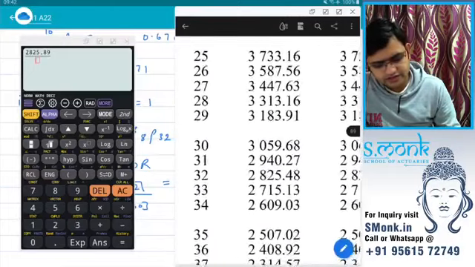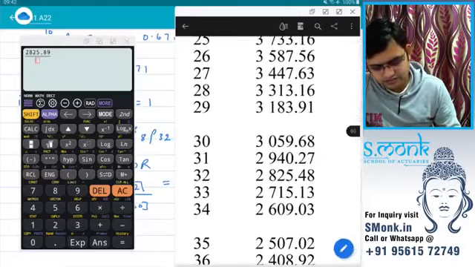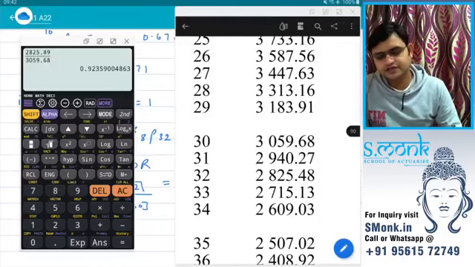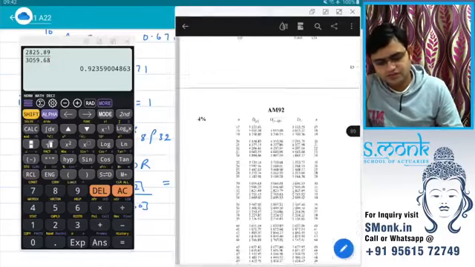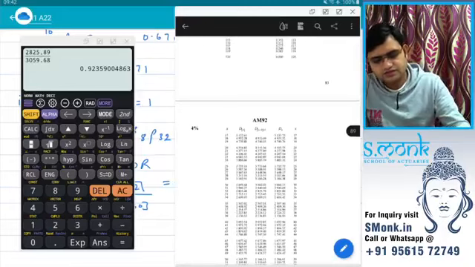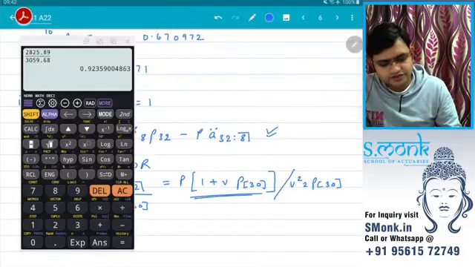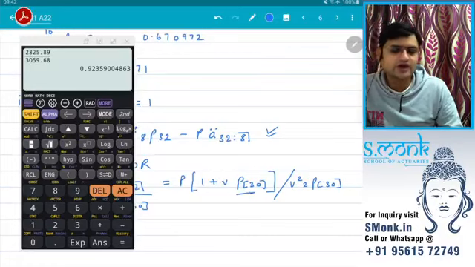Select 30. This is V raised to 2, 2P select 30. Then for this, we just need the P select 30, or I will be using 1 minus Q select 30 here.